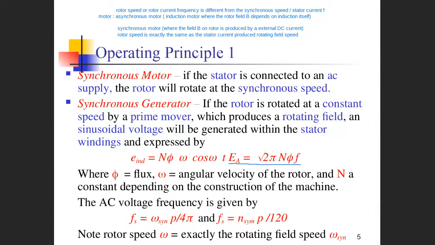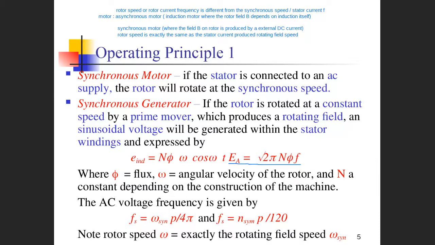The root mean square value equals E max over root 2.